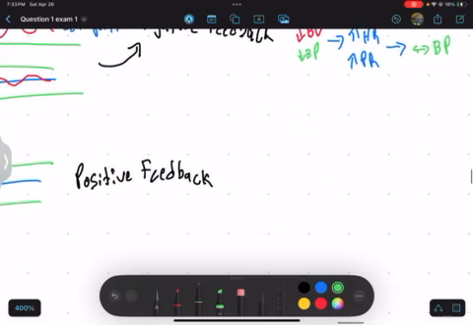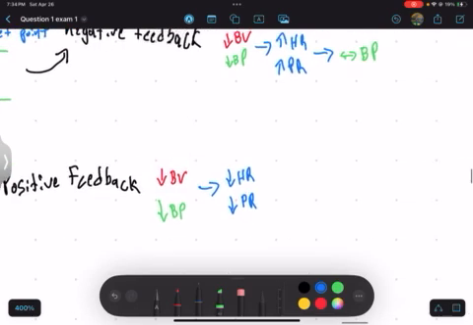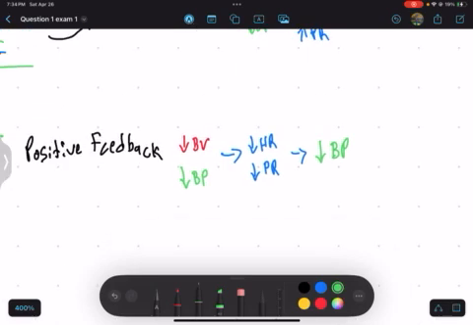For positive feedback, something would happen to where if we lost blood volume, and our control center sent a signal which would decrease our blood pressure. But then our control center sent a signal for some reason to decrease our heart rate or decrease peripheral resistance, which would then cause the decrease in blood pressure. This would mean that our set point for our blood pressure is just not our set point.